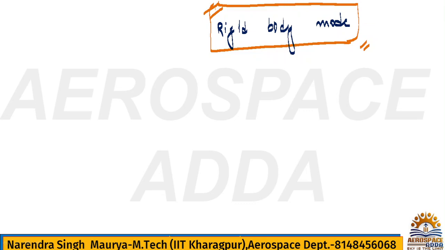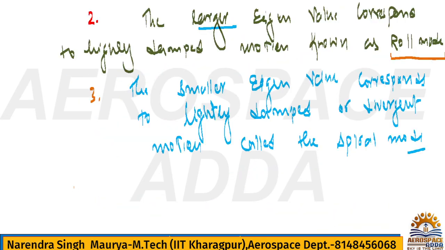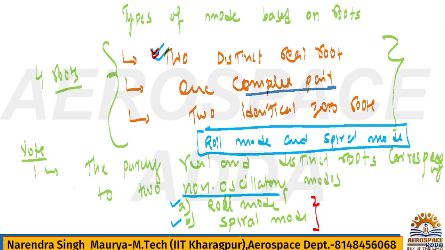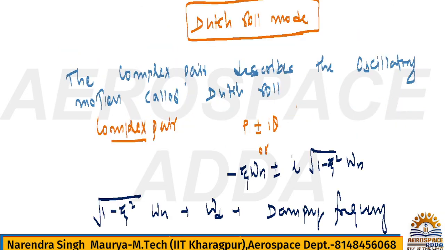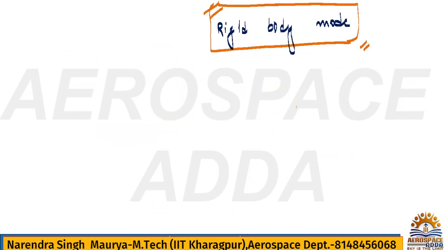So for this third one, if you check the roots, what are the roots? Two identical zero roots. So I must write here: two zero roots, or eigenvalues.